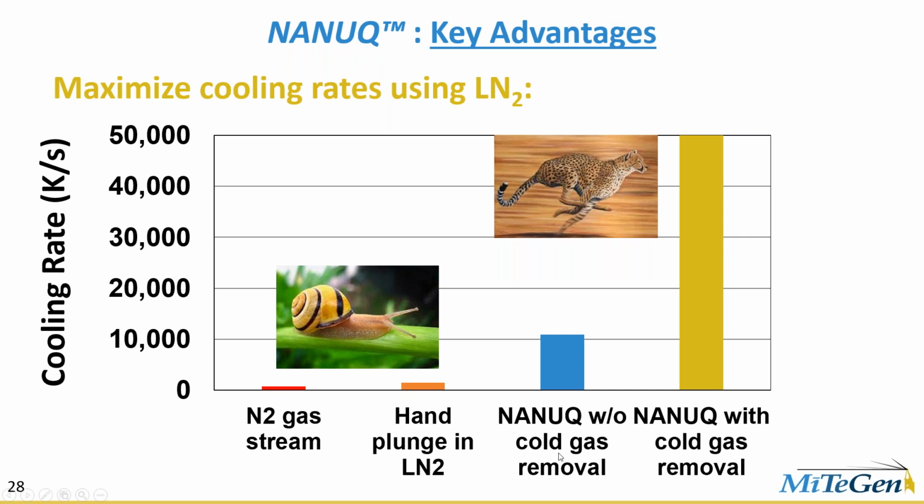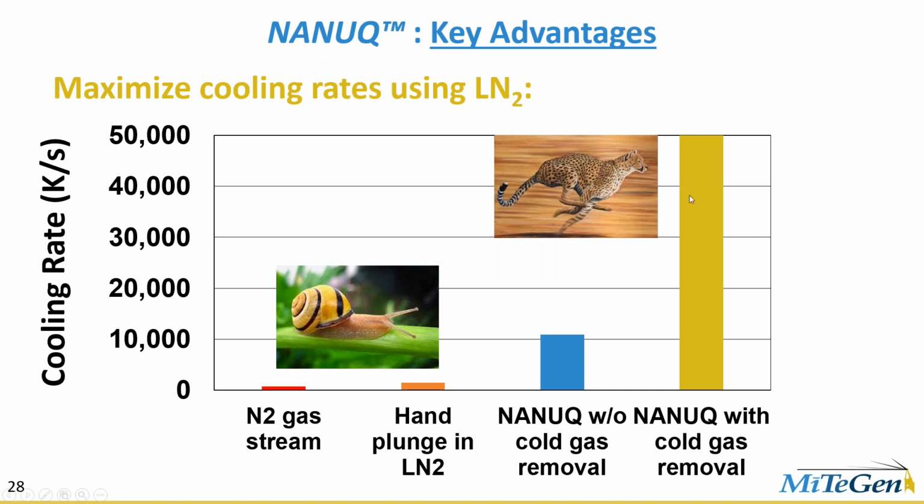If you do Nanuq without cold gas removal, and the fastest plunge speeds, you get up around 10,000 Kelvin per second. And with cold gas removal, you get up to 50,000 Kelvin per second. And this is for using thermocouples that have roughly 50 micron beads on them. So if you have smaller samples, 20 micron crystals, microcrystals, they can cool even faster than this.